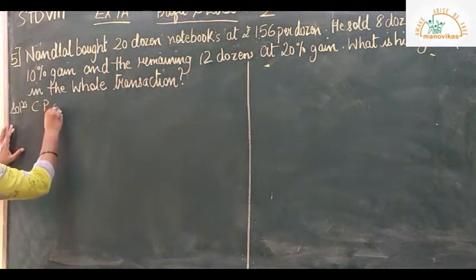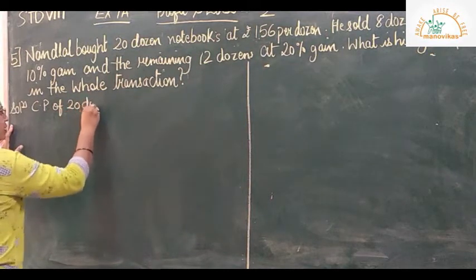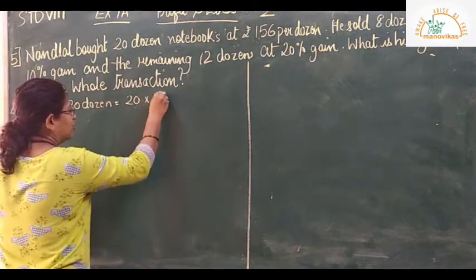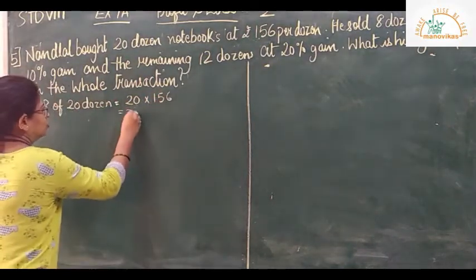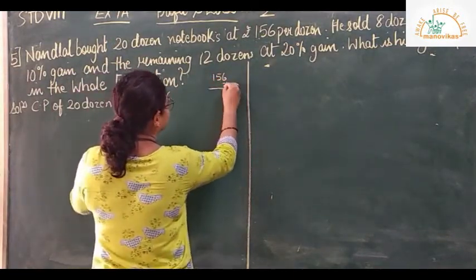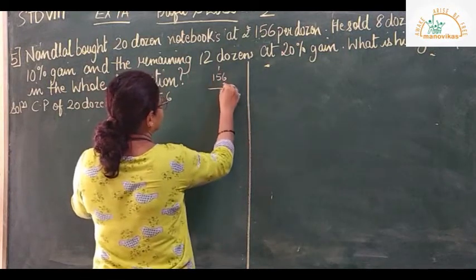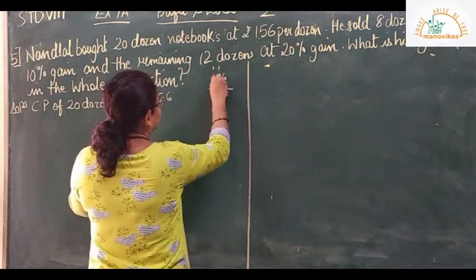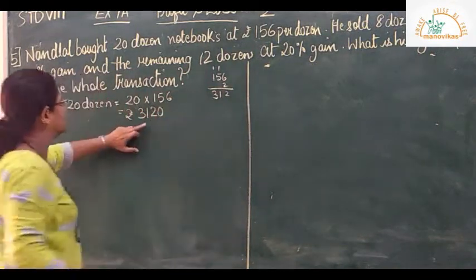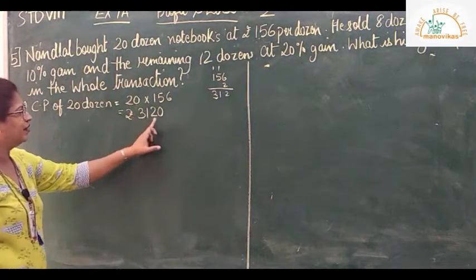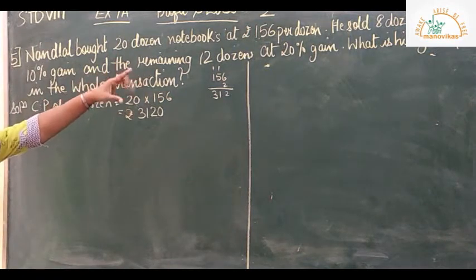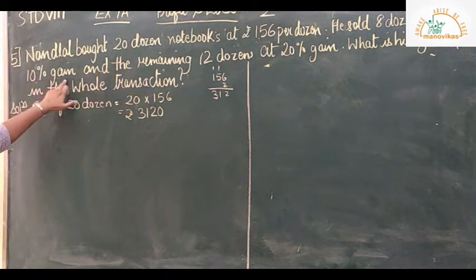So cost price of 20 dozen is equal to 20 into 156. If we do this, it comes to 3120.